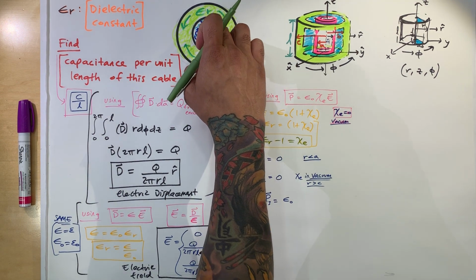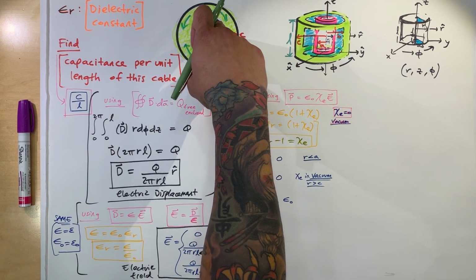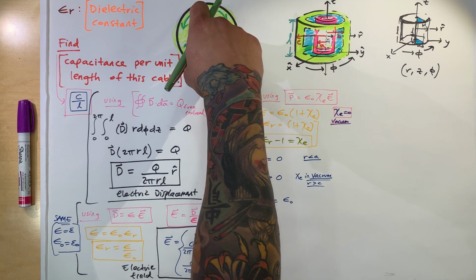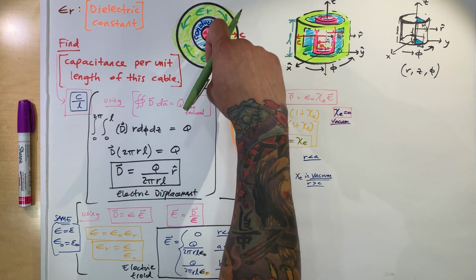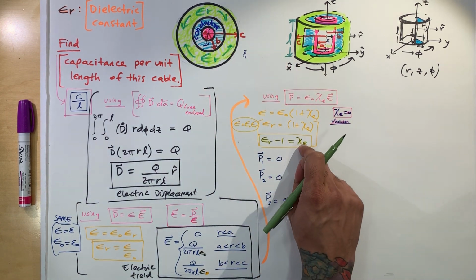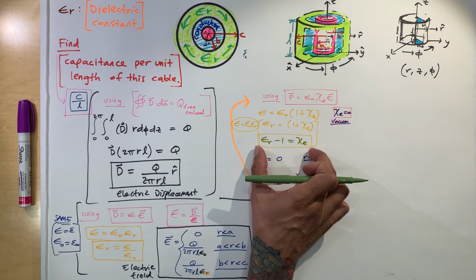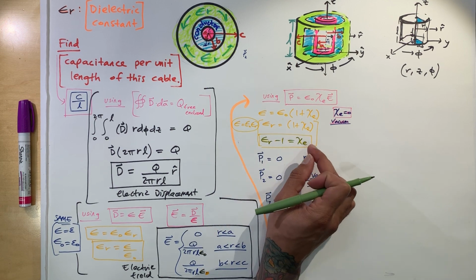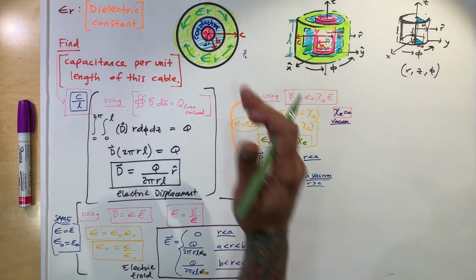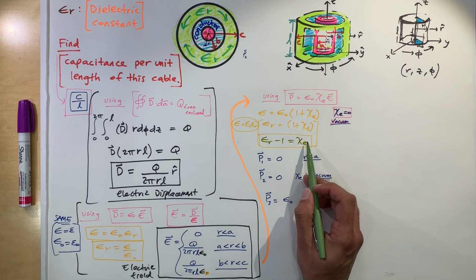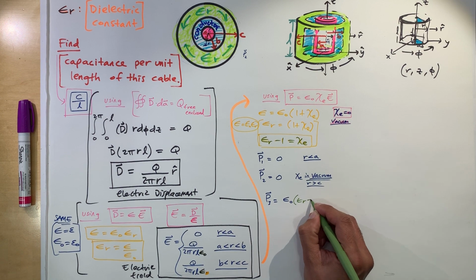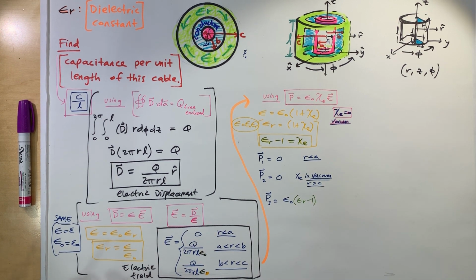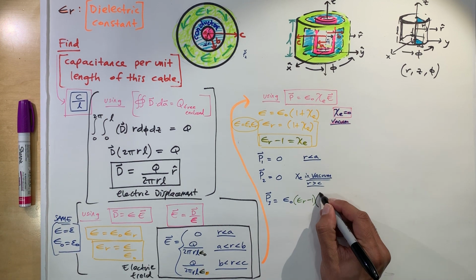If we're in a space where there's nothing, there's air, there's no conductors, it is 0. Outside in the vacuum area, the same thing is 0. Inside here is where it gets interesting, and we have to introduce chi again. That explains more specifically what happens to the electric field in these materials. So chi E is ER minus 1.